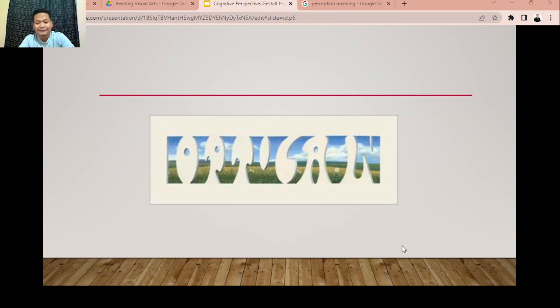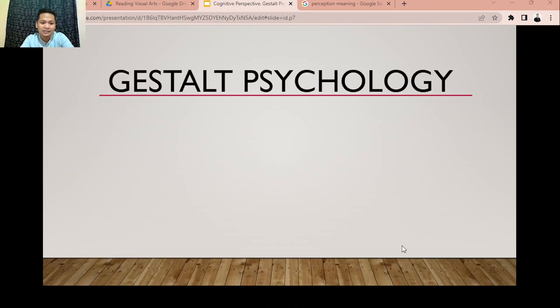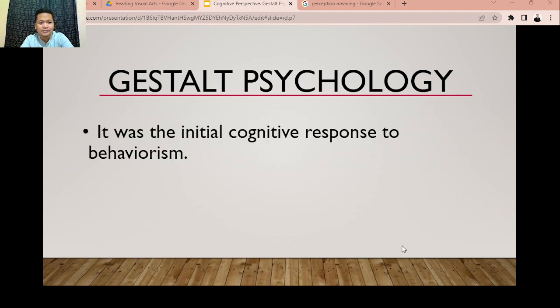Okay. Now, why did I share these photos with you? That's actually related to Gestalt psychology. When we say Gestalt psychology, it's the initial cognitive response to behaviorism. It contradicts some of the concepts in behaviorism.